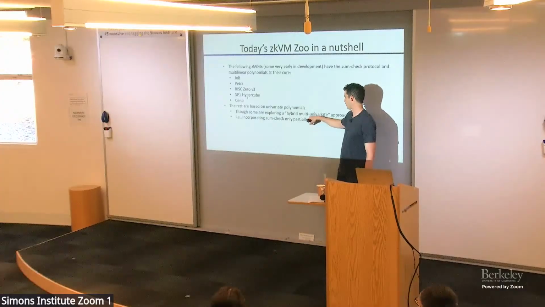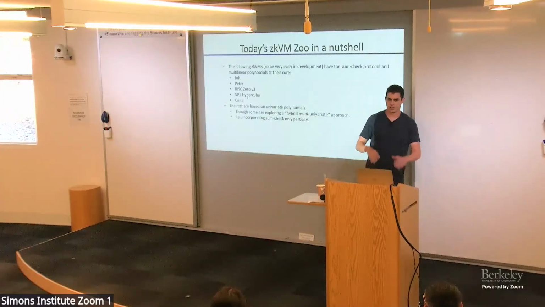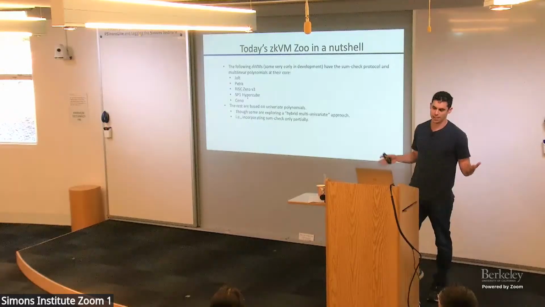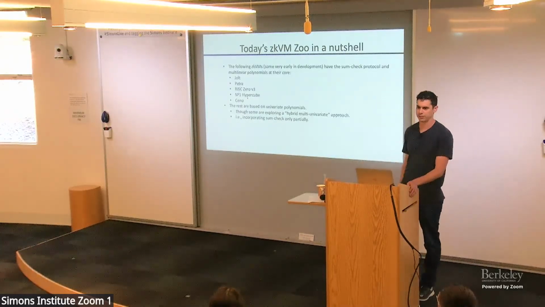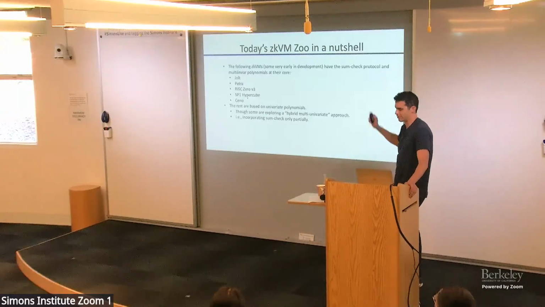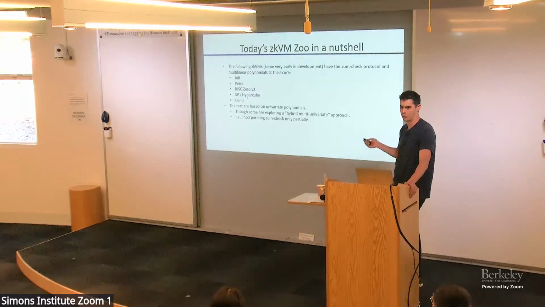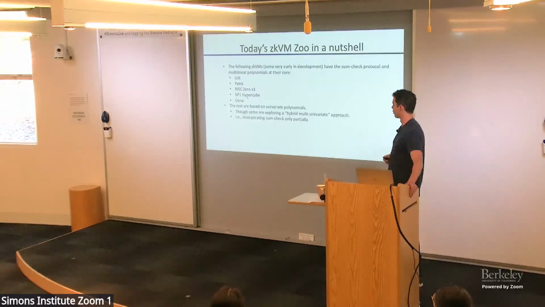Some of the rest take a hybrid approach. They'll sum check some parts of the statements, but still commit to univariate things and switch at the last second from multivariate to univariate. Of course, I personally think you're getting a tiny fraction of the benefits of sum check if you do a hybrid thing, and you should just go all sum check.